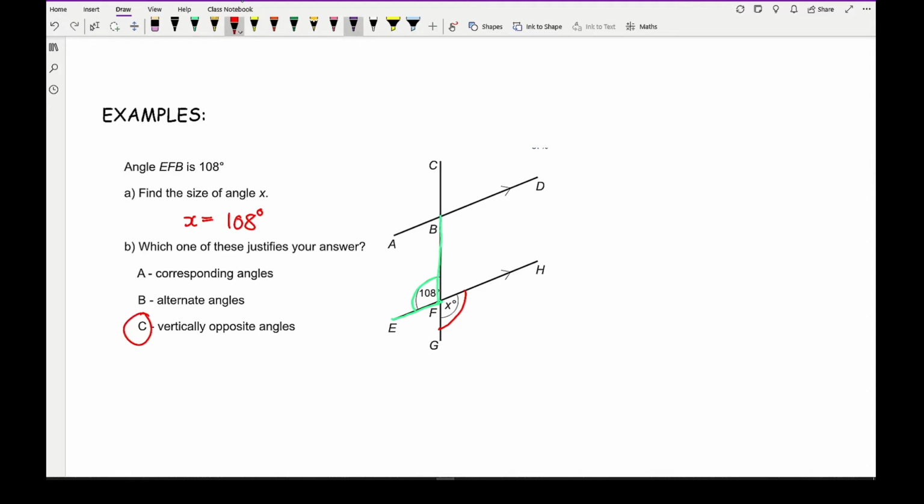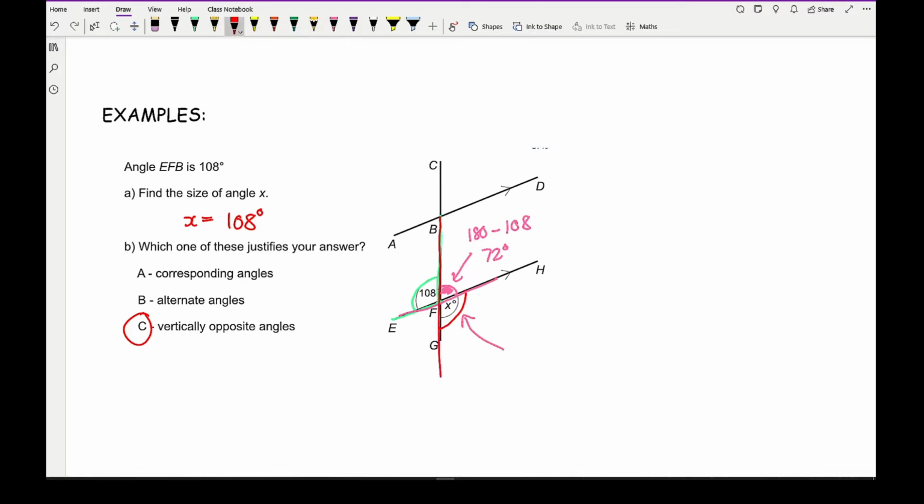Now another way of working out this particular angle is knowing that this angle here is on a straight line. So if I work out what this pink angle is, by doing 180 minus 108, which gives me 72 degrees, then this angle X also is on a straight line. So if I use a different color, let's go for red.